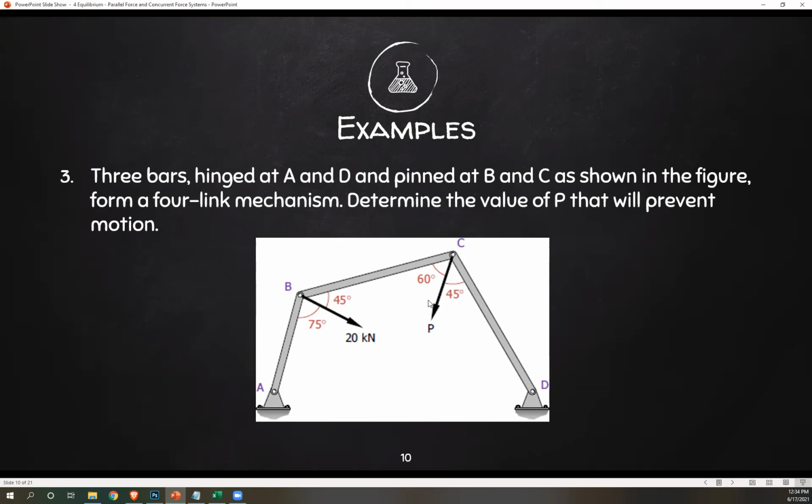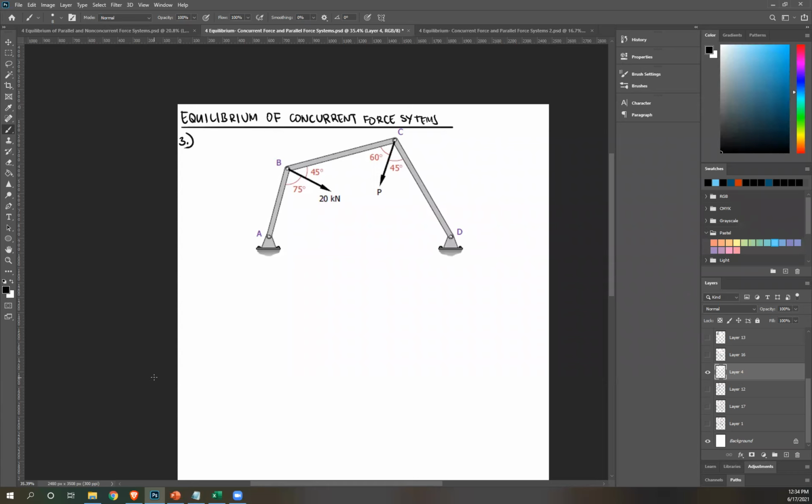So essentially, we have this frame or system. We have force 20 here, and we want to know what value of P so that this entire system will not move. Okay, prevent motion. So that just means what value of P will put this system into equilibrium.